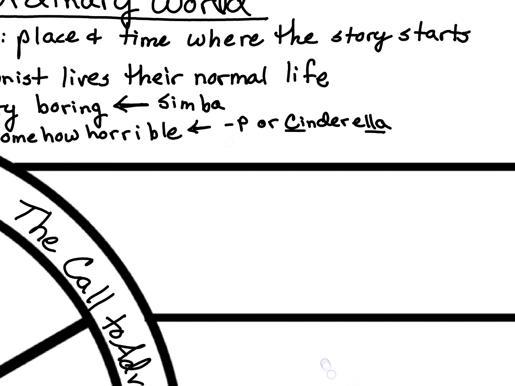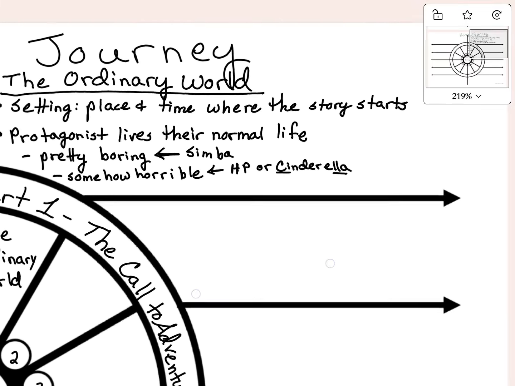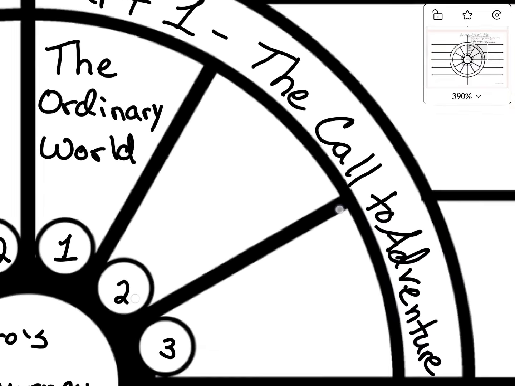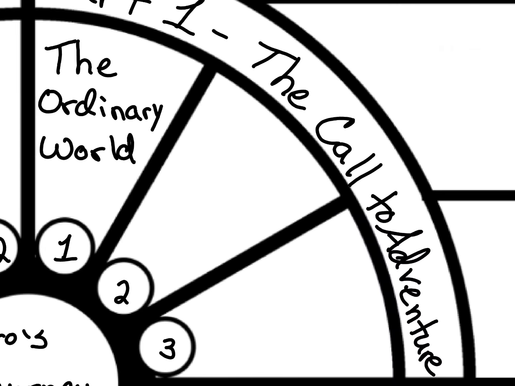And we are almost immediately sympathetic towards them. We feel for them. But then something happens that is unexpected. And so we will move on into part 2, which is the call to adventure.